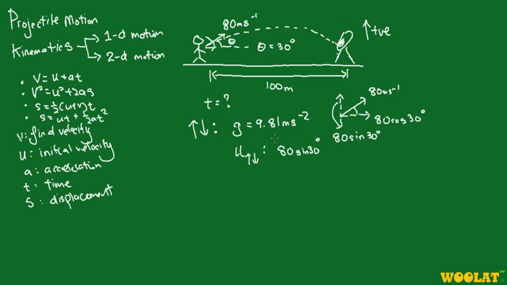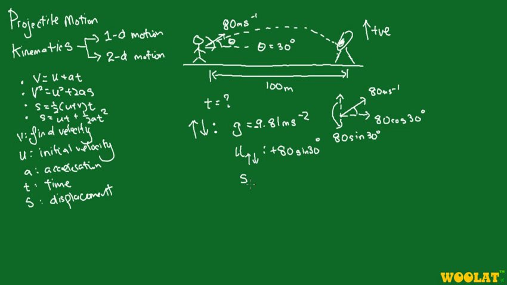Then 80 sine 30 is pointing upwards initially, so it's positive. But my acceleration due to gravity is downwards, due to gravitational pull, so it's negative 9.81 meters per second squared for the entire journey. This is a potential careless mistake or misconception for some students.